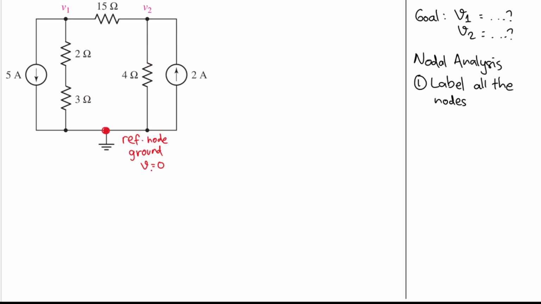And then we have some nodes here. We have V1 in this junction here, and also we have V2 here. Good. And then we have another piece of information from this branch here. The current that passes through this branch, because we have a current source, is 5 ampere.